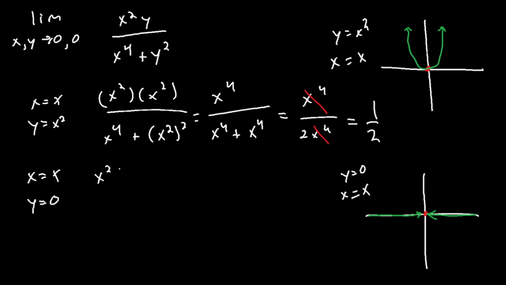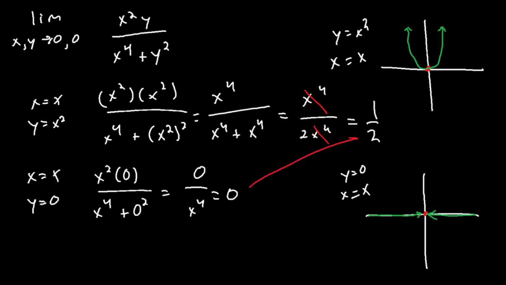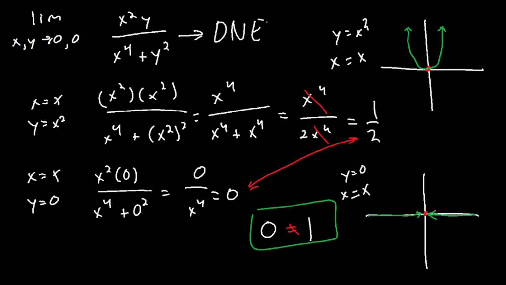You get x squared times 0 over x to the 4th plus 0 squared plus 0. And you get 0 over x to the power of 4, which is just equal to 0. And do you see these two values here now? 1/2 and 0 are not equal. So the limit does not exist.